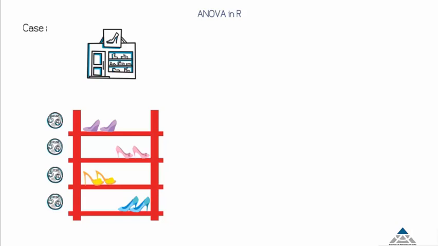Basically, the owner feels that it might so happen that the shelf which is at a height similar to the eye level of the customer has a higher rate of sale than the ones above or below it. Hence, this is a case where we want to see how to design our store in order to maximize our sales if there genuinely is a difference in the average sales of shoes from individual shelves.